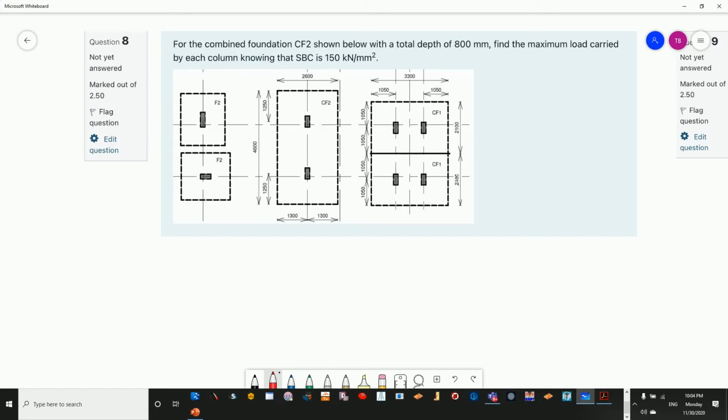In this particular scenario, we are going to calculate our stress. Our stress is going to be calculated as force divided by area. In this scenario, we need to calculate our force, where our stress is given and our area is available.